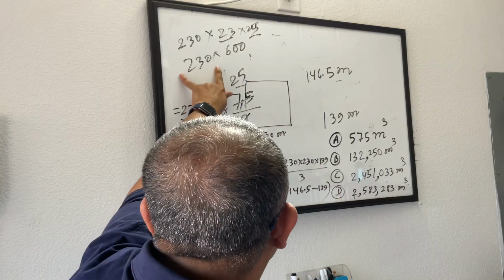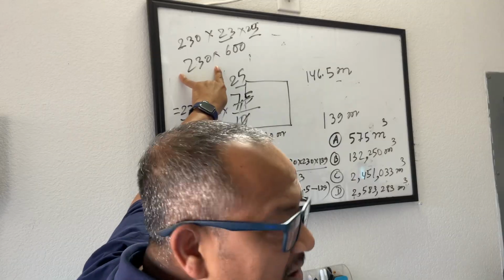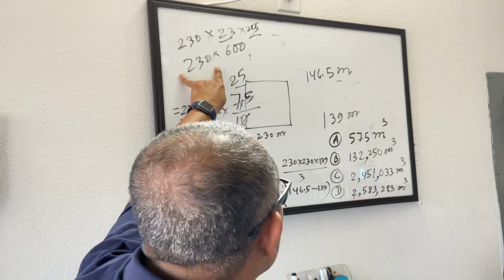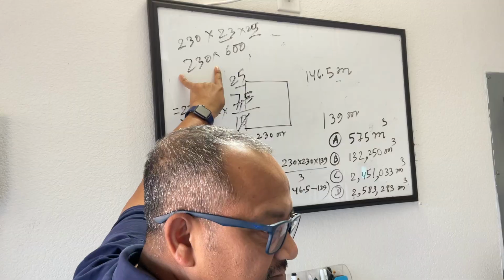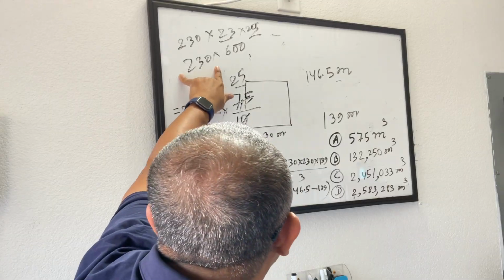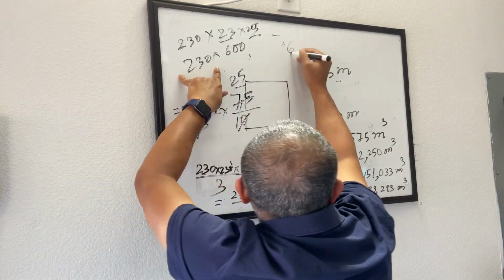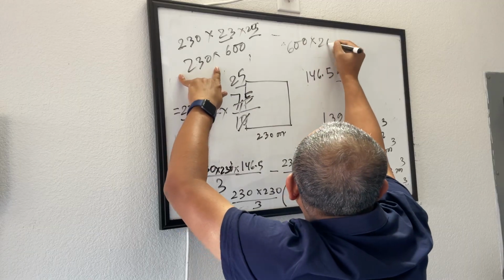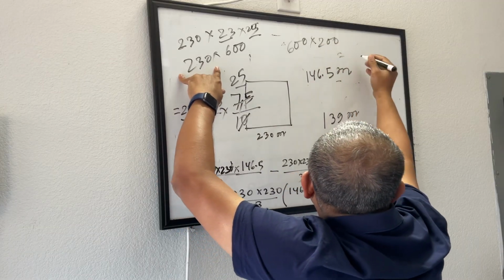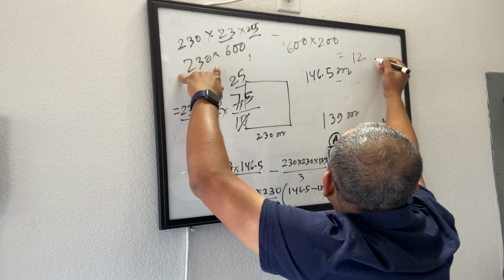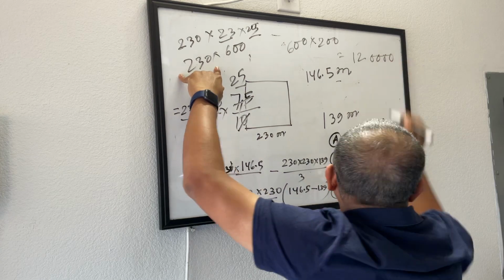When I'm looking at this kind of thing, I can get a six-digit number at least, but I cannot get a million. So it's like 600 into 200, do some estimation. 6 into 2 is 12 and 4 zeros.